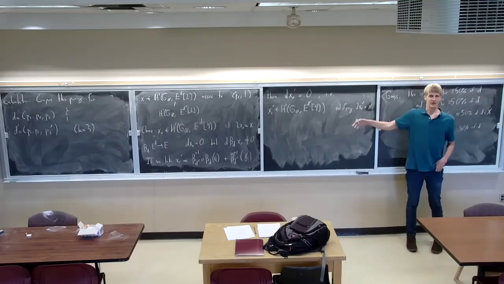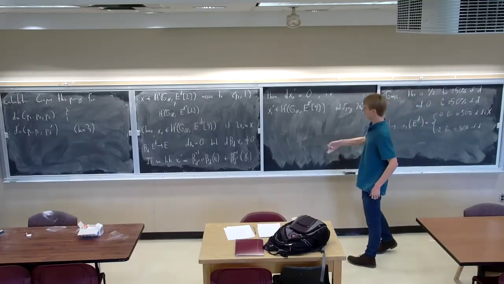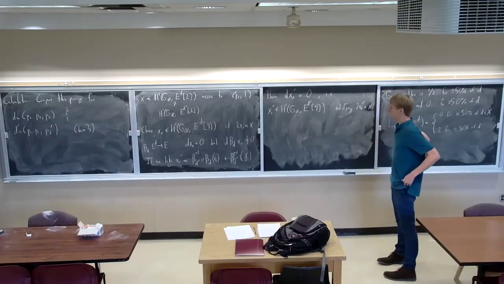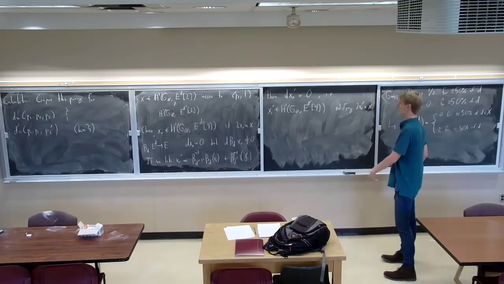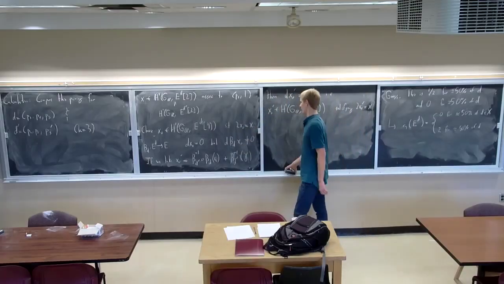So from this choice of gamma, we're able to produce a lift x naught prime starting from our lift x naught.